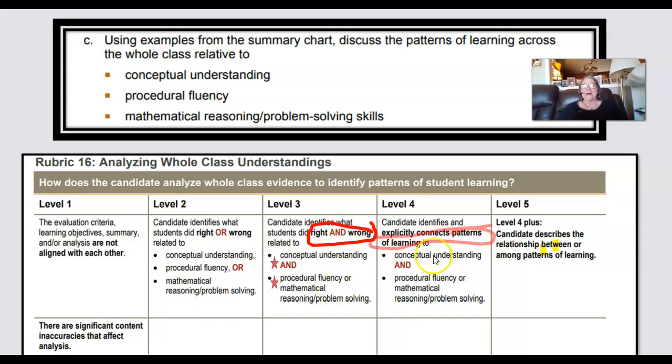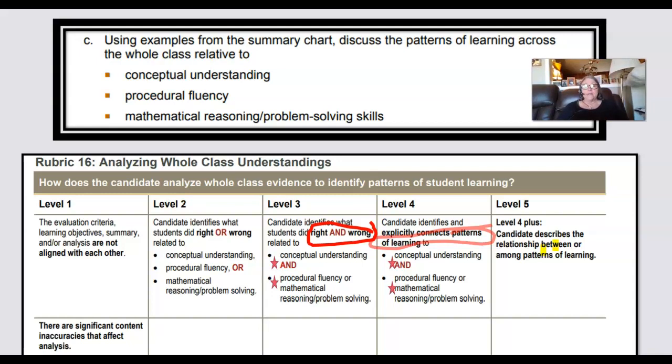Then for a 4, if you meet a 3, a 4 is where you're connecting patterns. So you've looked at these results and now you've said, aha, I've got some learning patterns here. And you've connected those patterns to conceptual understanding and one of these 2, procedural fluency or mathematical reasoning and problem solving. Now, I think it's really hard to get a 5, and very few people actually get 5s on any of the rubrics.